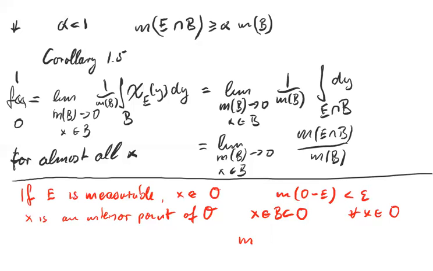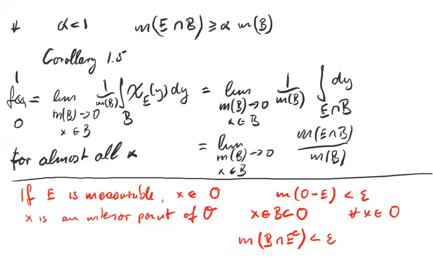The measure of the ball intersected E complement: since the ball is entirely in O, B intersected E complement is in O minus E, right? And that would be less than epsilon. And that tells you that essentially a point of Lebesgue density is almost an interior point.